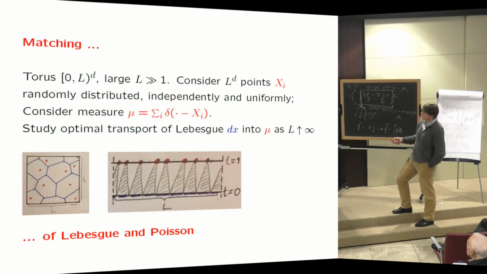And then you look at this sum of Dirac measures, this type of empirical measure. You're interested in the optimal transportation problem from the Lebesgue measure, which, because you looked at this microcanonical ensemble, has exactly the same mass as the Poisson measure. You look at the optimal transportation of Lebesgue into Poisson, and you're interested in the hydrodynamic limit. So you're interested in large domains.